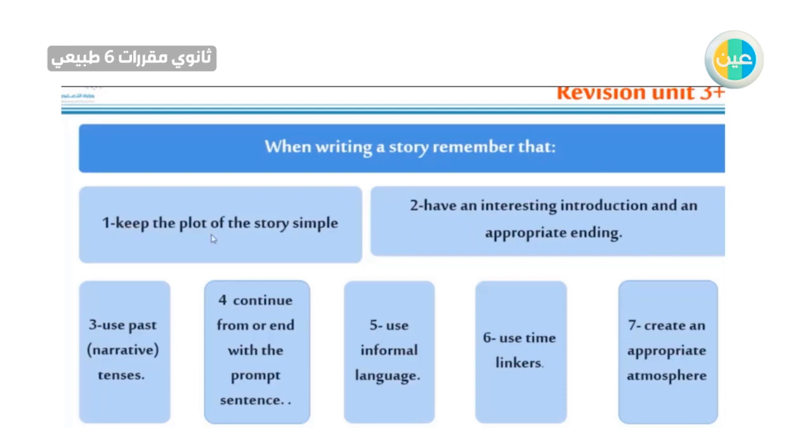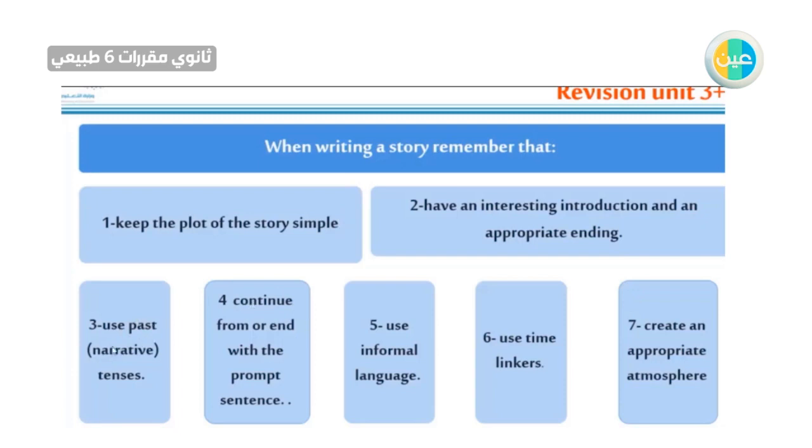Number one, keep the plot of the story simple as much as you can. Keep it simple, not complicated. Okay? Have an interesting introduction and appropriate ending. Something interesting. You have to start with interesting paragraph, attractive one. And the end or the conclusion of the story should be appropriate.